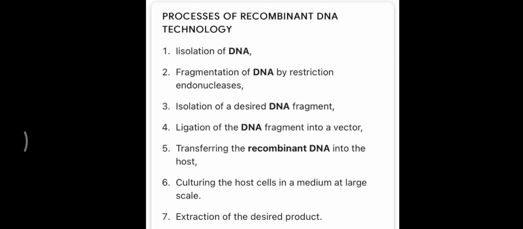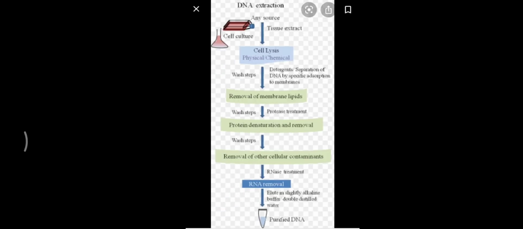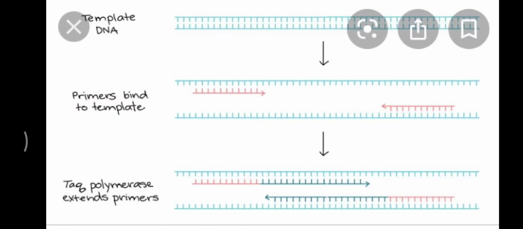Okay. Now, the next important step that we are going to learn is how the gene of interest, which is ligated in the vector, can be amplified, or how its multiple copies are produced. This is also called amplification of the gene of interest, and the technique is called PCR, polymerase chain reaction. It was invented by Kary Mullis, and it involves the synthesis of multiple copies of the gene of interest in vitro.